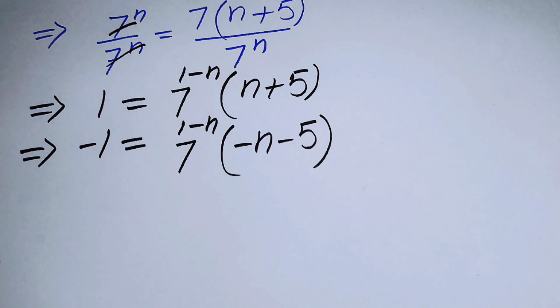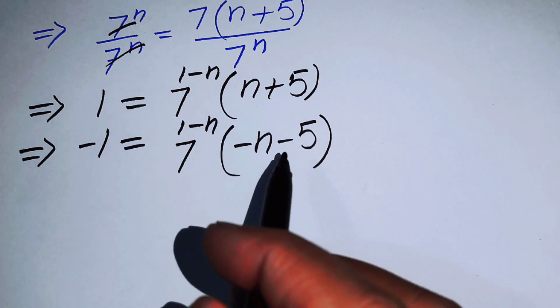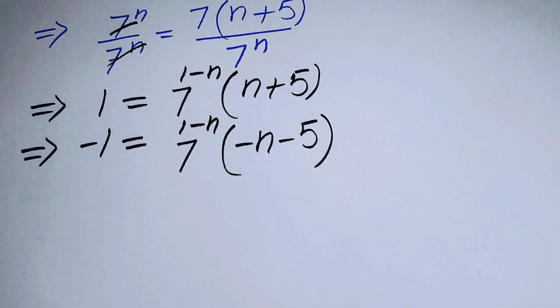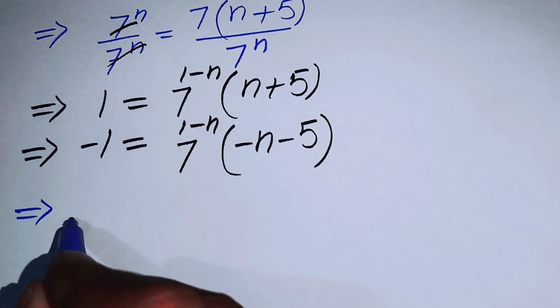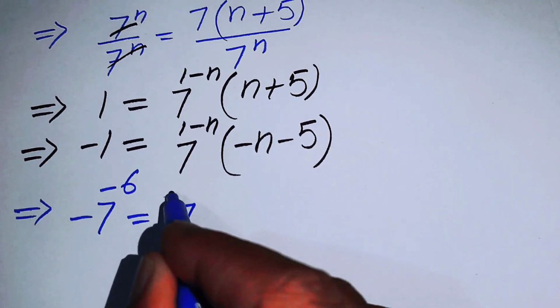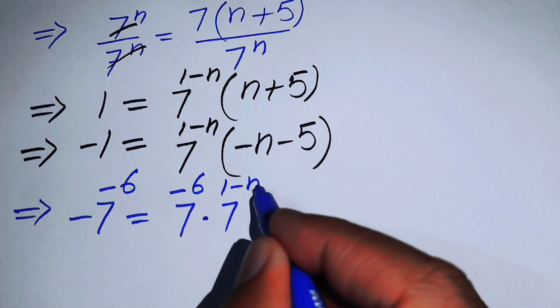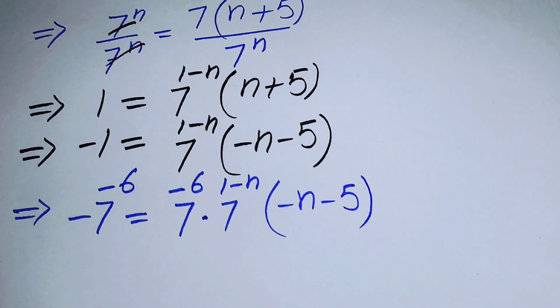Now we will make 7 to the power of (minus n minus 5), so we multiply both sides by 7 to the power of minus 6. When we multiply both sides by 7 to the power of minus 6, we get 7 to the power of minus 6 into 7 to the power of 1 minus n into (minus n minus 5).